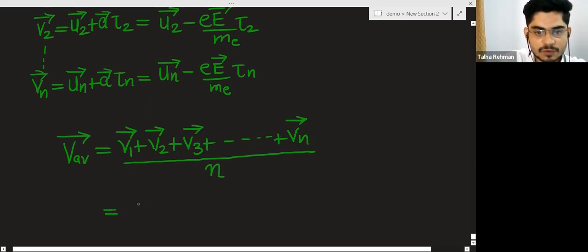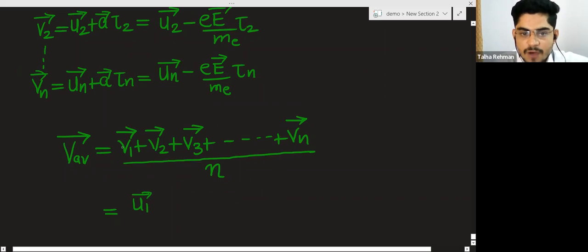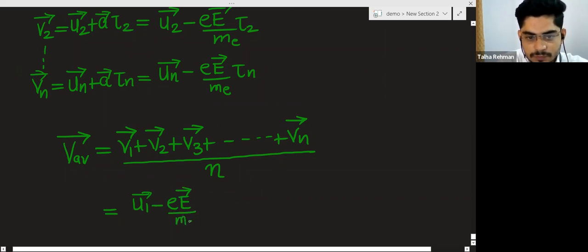I am putting the value of V1 is equal to U1, minus e E by m into tau 1. This is V1.